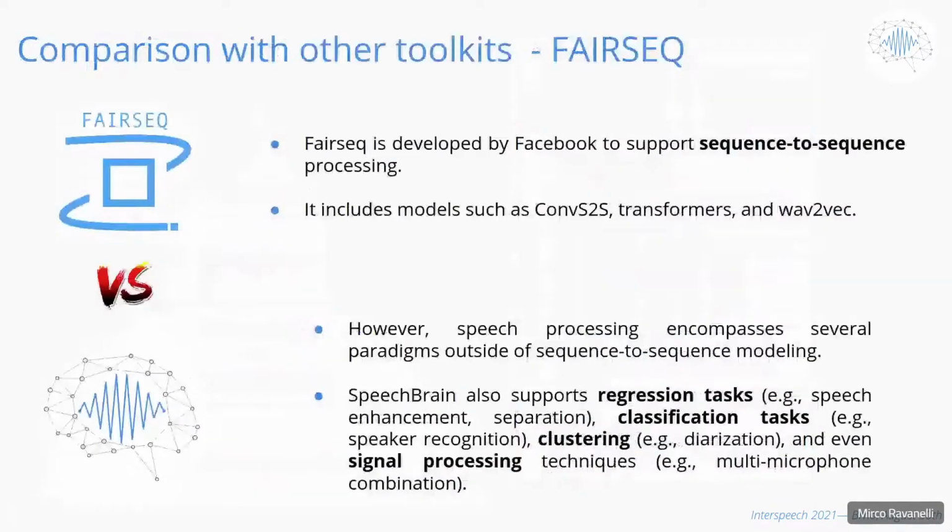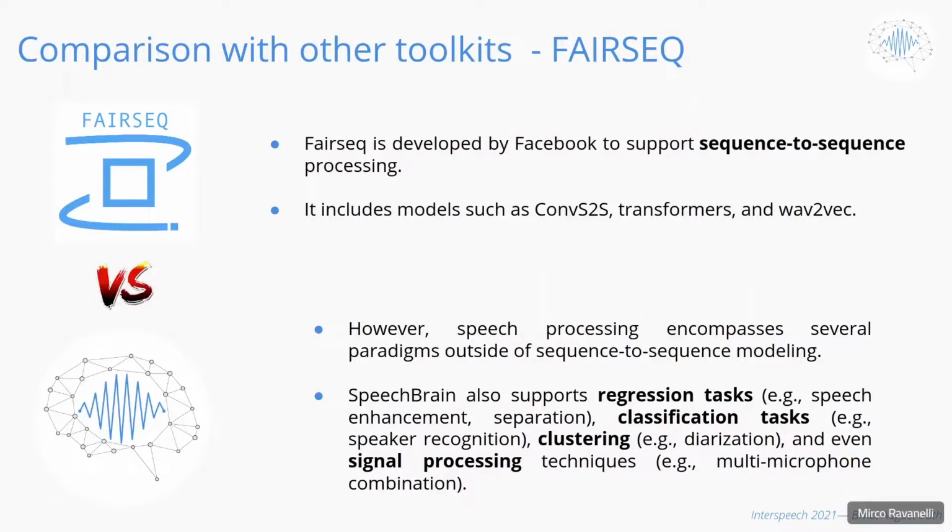All right, quick comparison with other toolkits. Again, there is a lot of value in all the other solutions. Let me just itemize at a high level some differences. Regarding FAIRSEQ versus SpeechBrain, FAIRSEQ supports sequence-to-sequence processing.